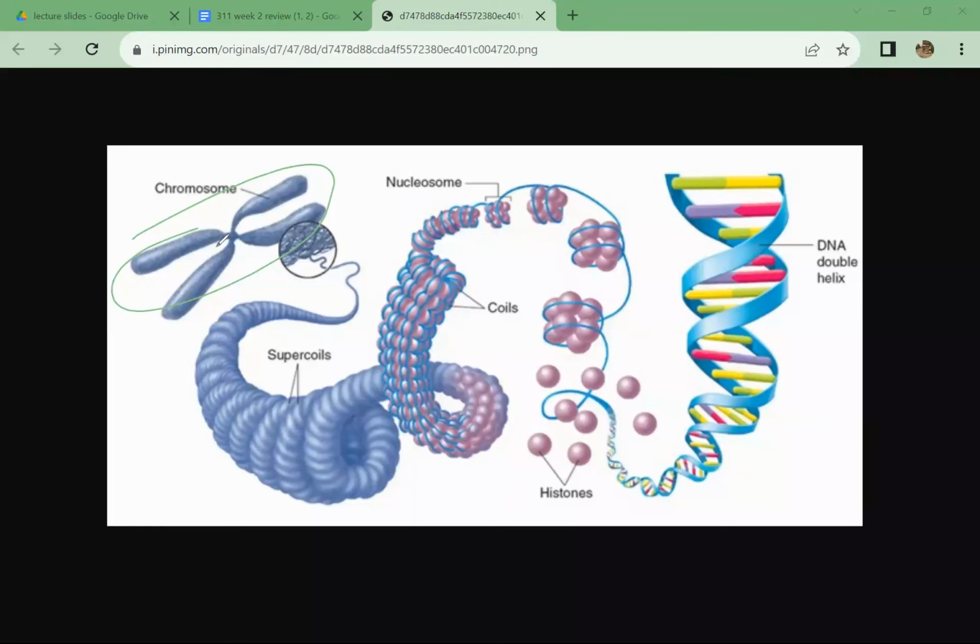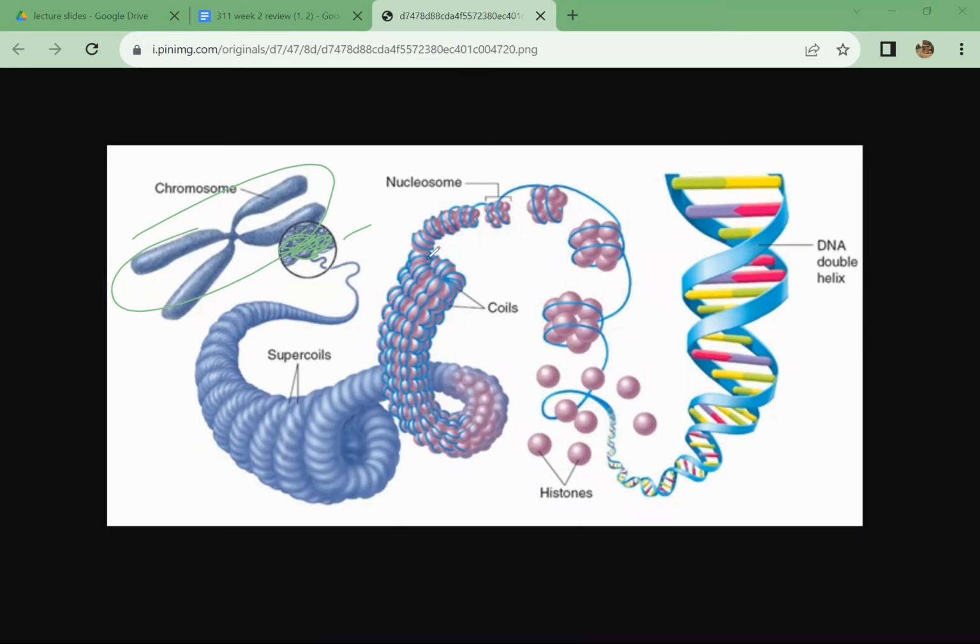But if we zoom in on this little X, we see that it's a lot of fiber that's highly condensed, intertwined. And if we continue to zoom in on a strand of these individual fibers, we see a super coiling, a very densely coiled structure.